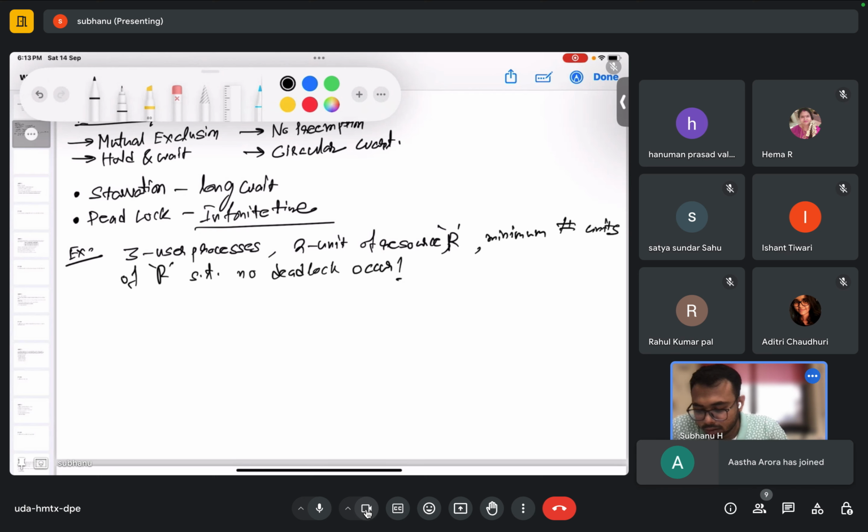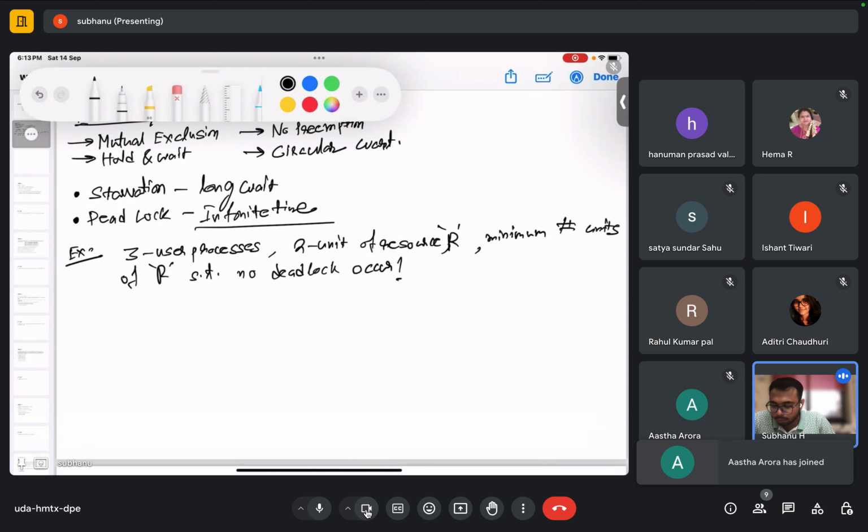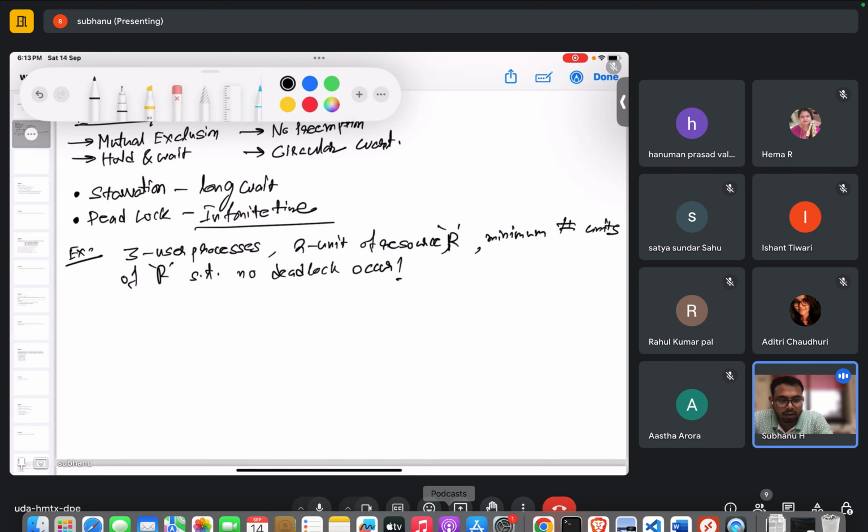Is the question clear? You have three user processes, and each process requires two units of resource. What is the minimum number of units required such that no deadlock occurs? Can you answer the question and write in the chat box?